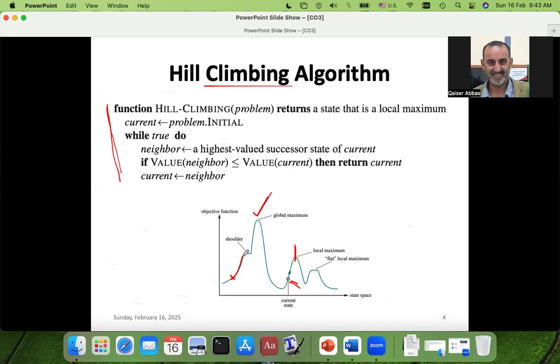And if you have two points here, then this algorithm will get stuck again here. And if it gets stuck again, it can restart again with a random initial state. It will restart again, maybe, because it is random.